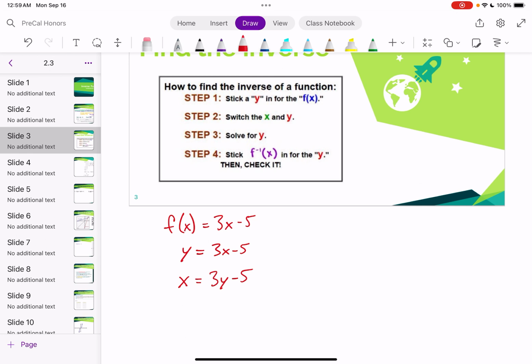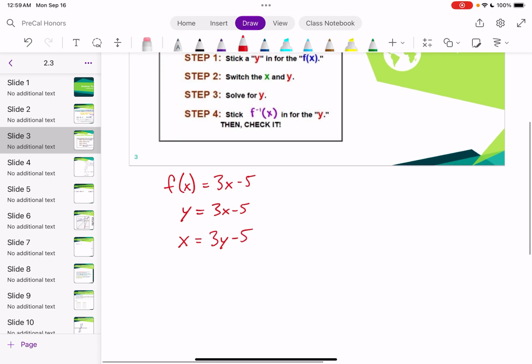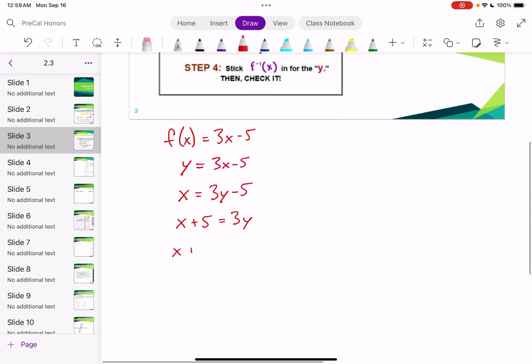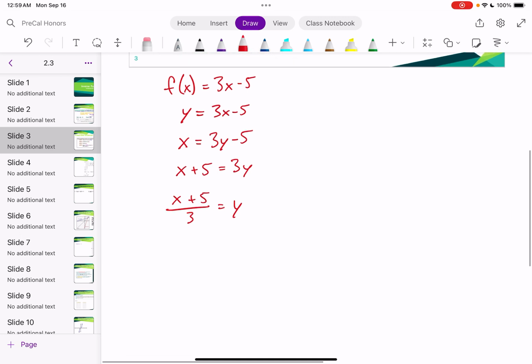Our next step would be to solve for y. So little by little, we are going to move every single one of the terms over to the left-hand side. This would turn into x plus 5 is equal to 3y, and x plus 5 divided by 3 is equal to y. Keep in mind, this can be written that way, or it could also be written as y is equal to 1/3 x plus 5/3.